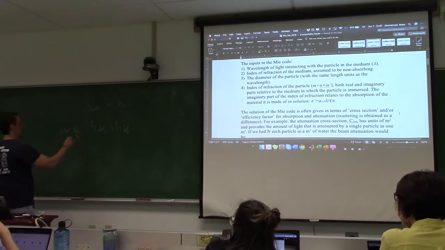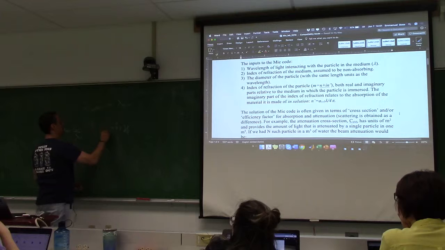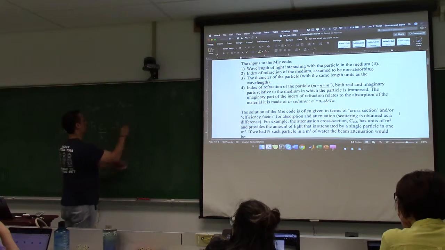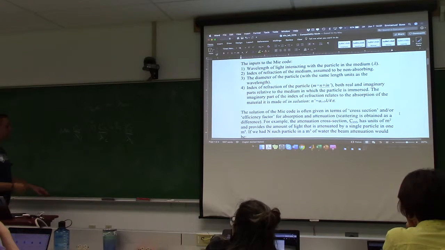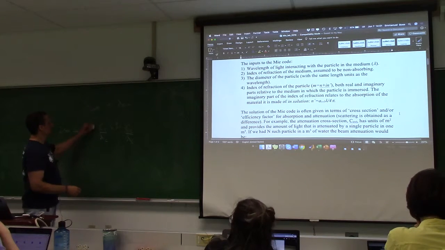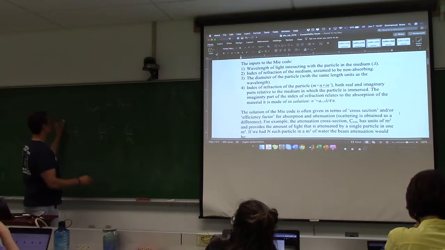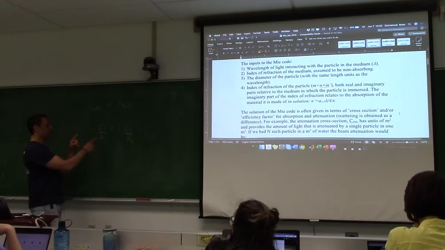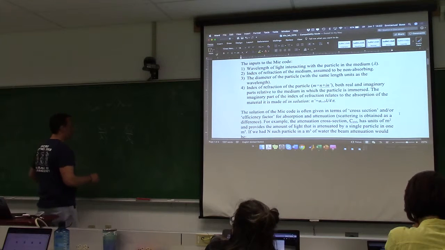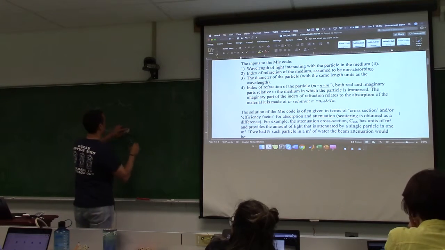Okay, so I have c1 over lambda 1 here, c2 over lambda 2 here. The h's I can cancel. So c1 over lambda 1 and c2 over lambda 2 have to be equal to conserve energy. Now, I'm going to call one water, because that's the one I want, and I'm going to call the other air.